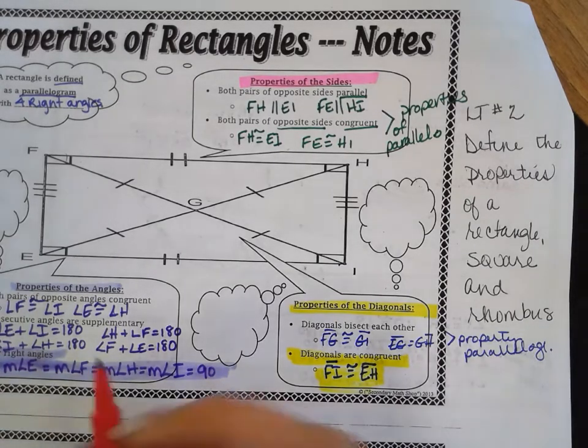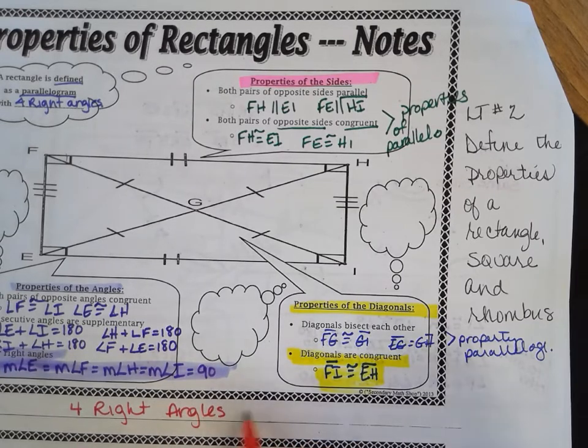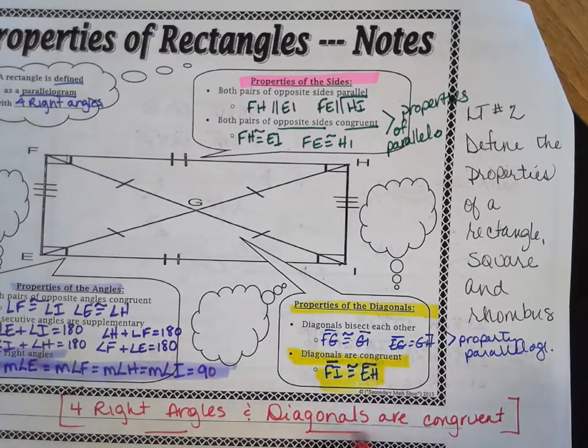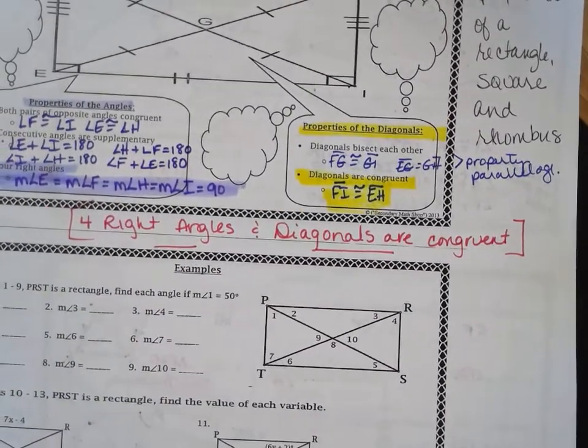The 2 special things that make a rectangle are 4 right angles and diagonals are congruent. Those are the 2 things that separate it from a parallelogram. Okay? I need to remember those. All right, so let's look at a few examples that we can do with all these properties.